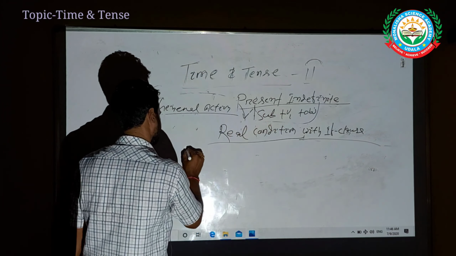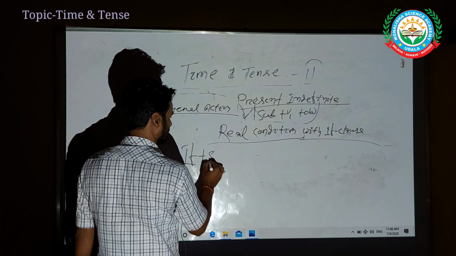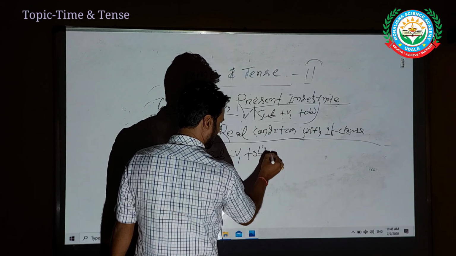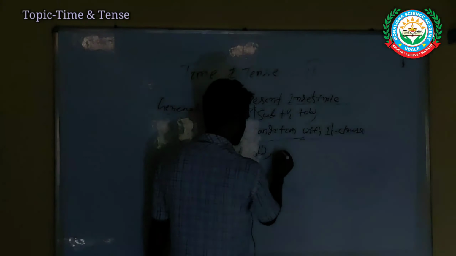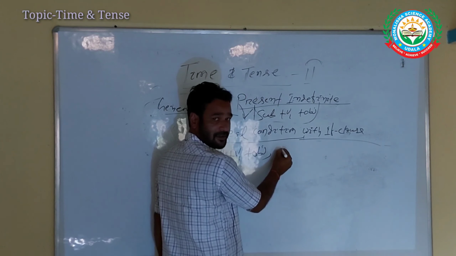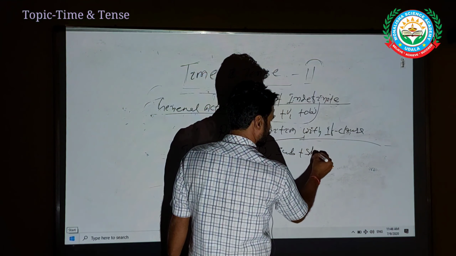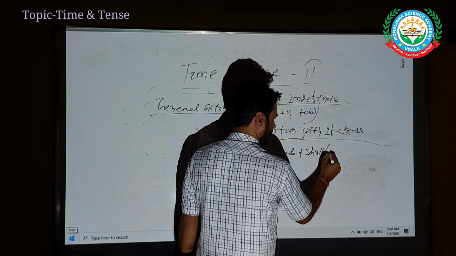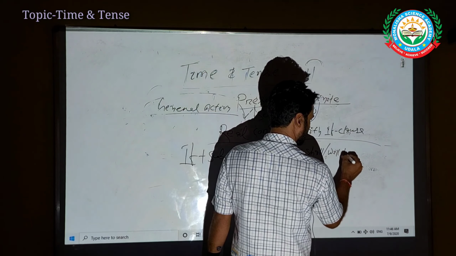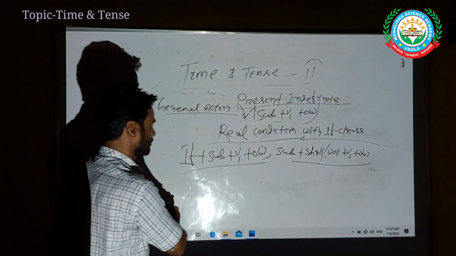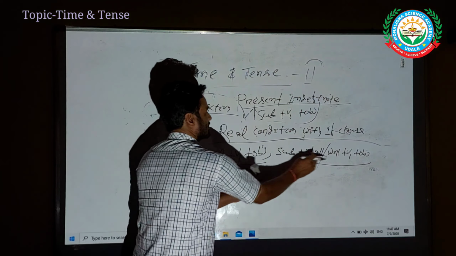So here the structure is: if plus subject plus V1 plus object on the left side, and on the right side, subject plus shall or will plus V1 plus object, right? The two parts, left side and right side.